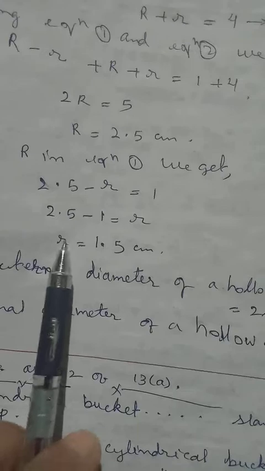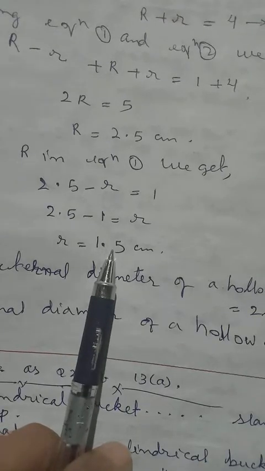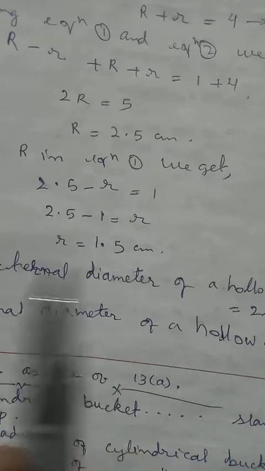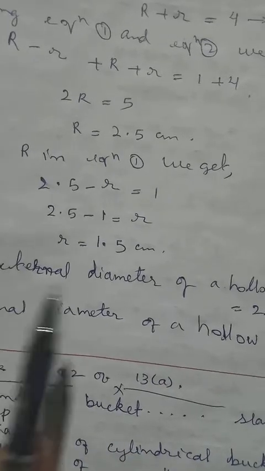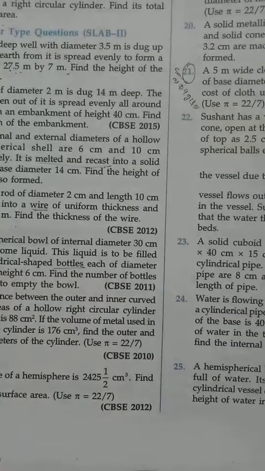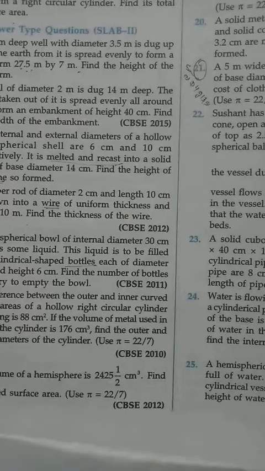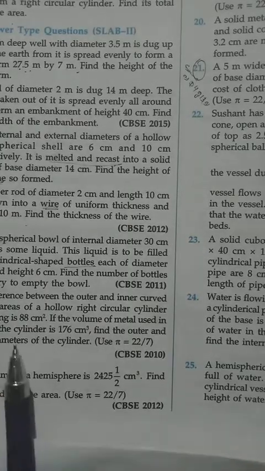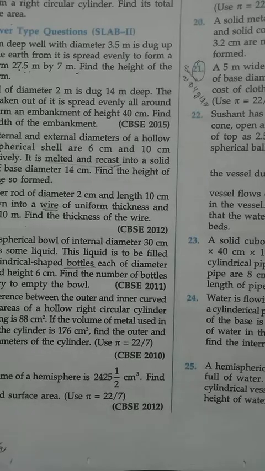Then the inner radius we get is 1.5 cm, so the diameter will be double, that is 3 cm. To get the thickness it would be the external minus the internal diameter, but we only want to find the outer and inner diameter, so we have it.